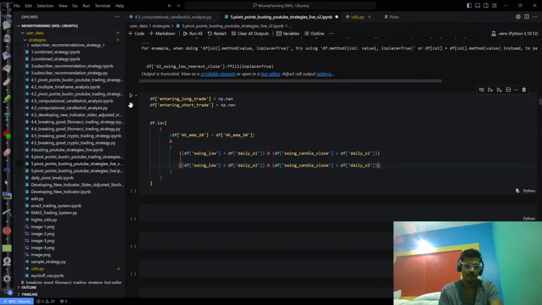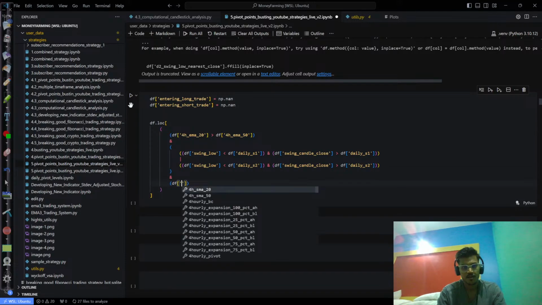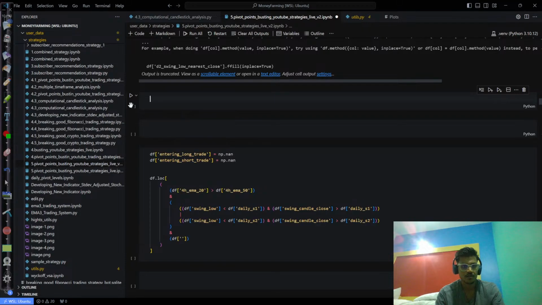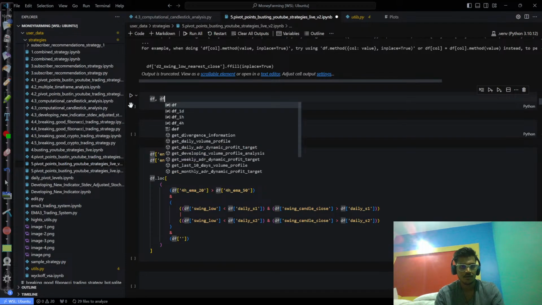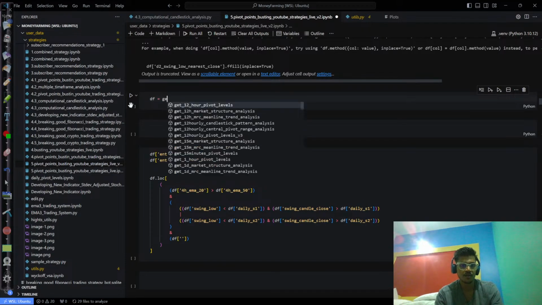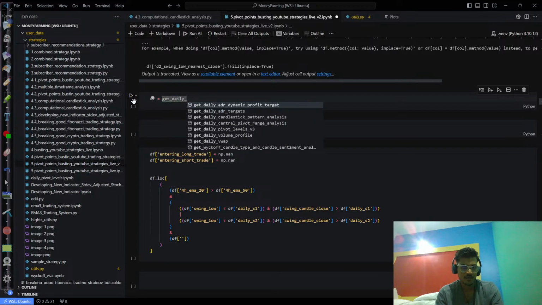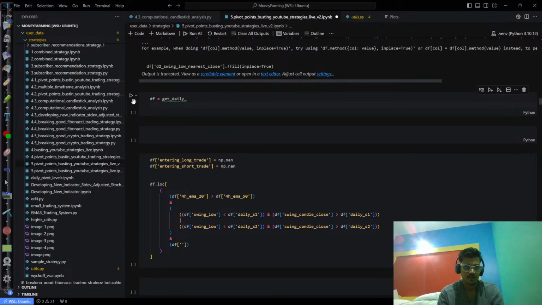So I did that, and what else we need is to see that the pivot is also up, right? So daily pivot. Okay, so this is how you get it. I think you can get daily central pivot range analysis.